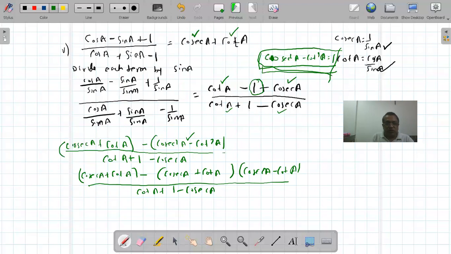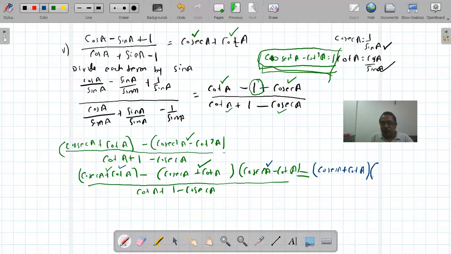Now you see this term, cosec A plus cot A, here also cosec A plus cot A, this is common. So I am taking the common factors. This is common and this is common. So cosec A plus cot A is common. So take cosec A plus cot A common. When you take this cosec A plus cot A common, what is happening here? You're taking out everything from here.